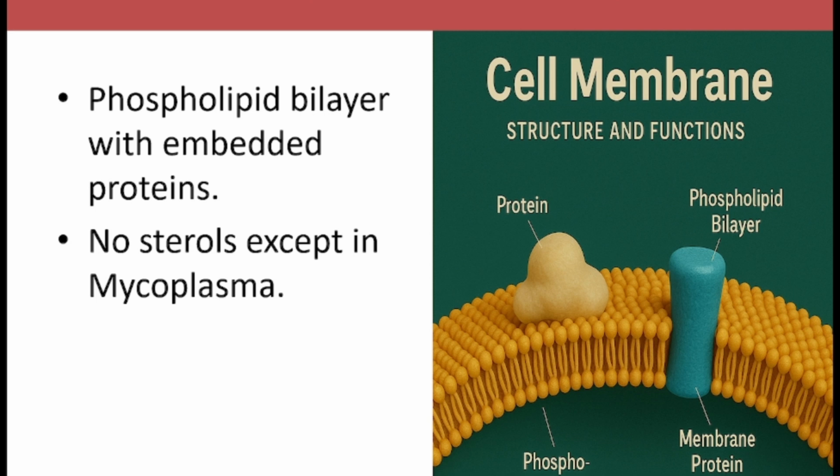Now the next structure we will be talking about is the cell membrane. It is a bilipid layer which contains protein. This is the upper layer, made up of phospholipid, and the lower layer is also made up of phospholipid.